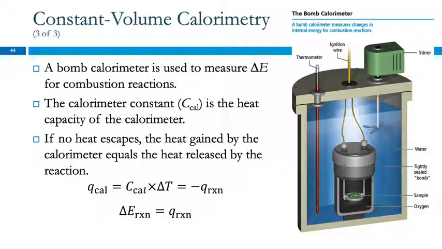The mass is constant, and so we can determine the heat capacity of the calorimeter, and then we don't have to multiply by mass. So we've got the calorimeter constant, and we measure its change in temperature. That equals Q for the calorimeter, that's the surroundings, and that's going to equal negative Q for the reaction. At constant volume, Q is equal to delta E.